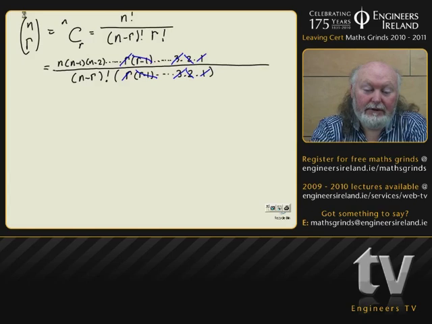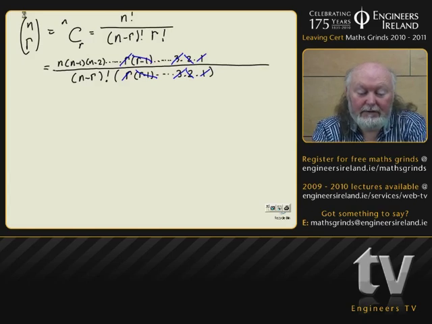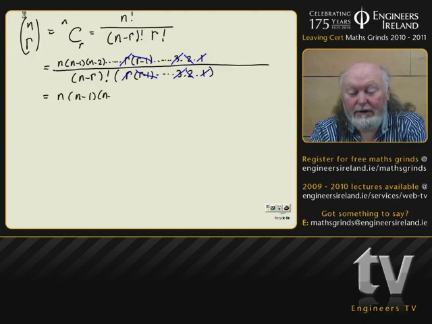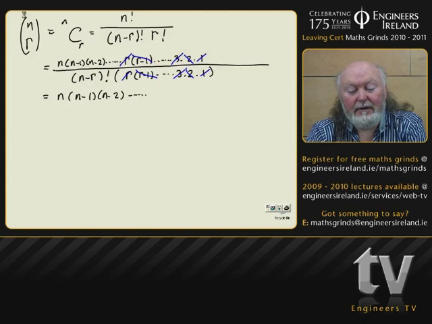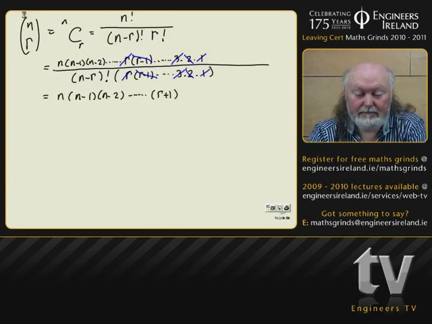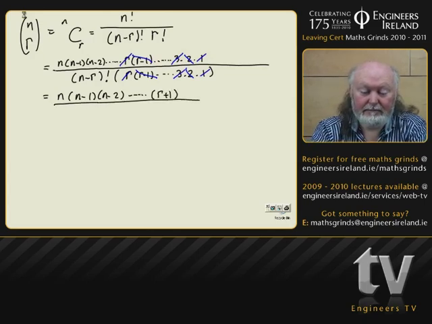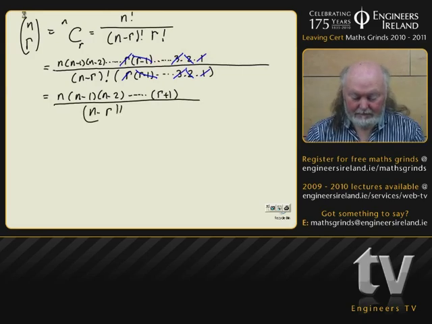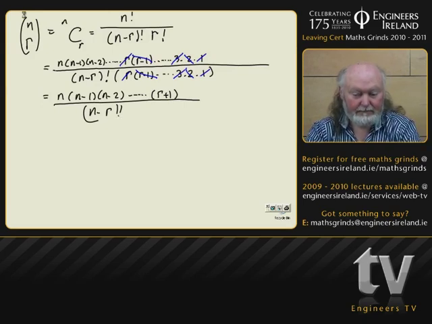So how far down did we get on the top line? We got from n to n minus 1 to n minus 2, all the way down to just 1 bigger than the r location. That's one way of doing it.